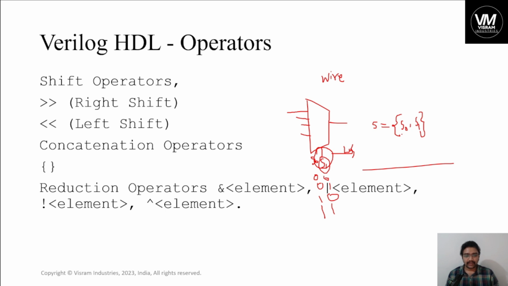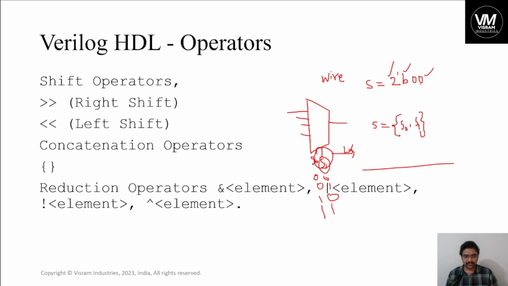So now S0 and S1. Why do I represent these as 2 bits? Then S can be declared as 2-bit binary 0 0. As I said, size, radix and value is how you represent a number value.